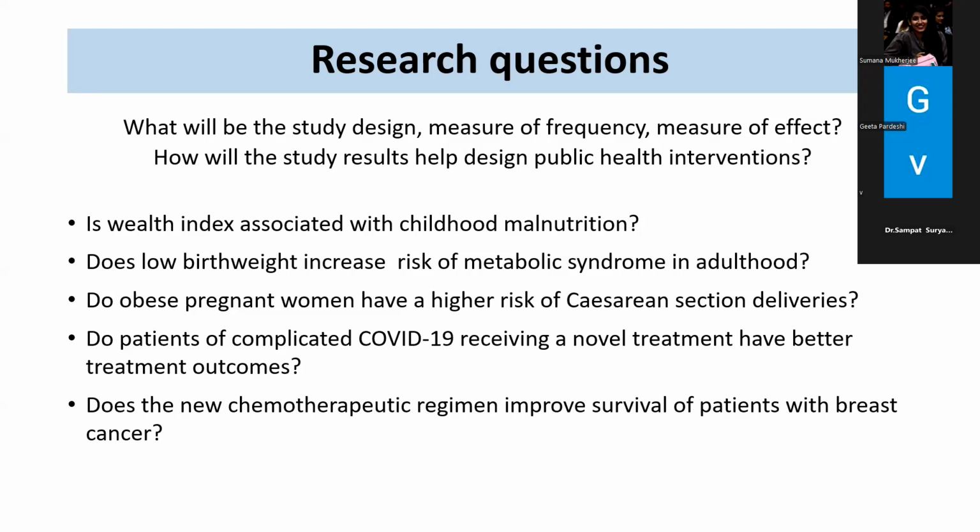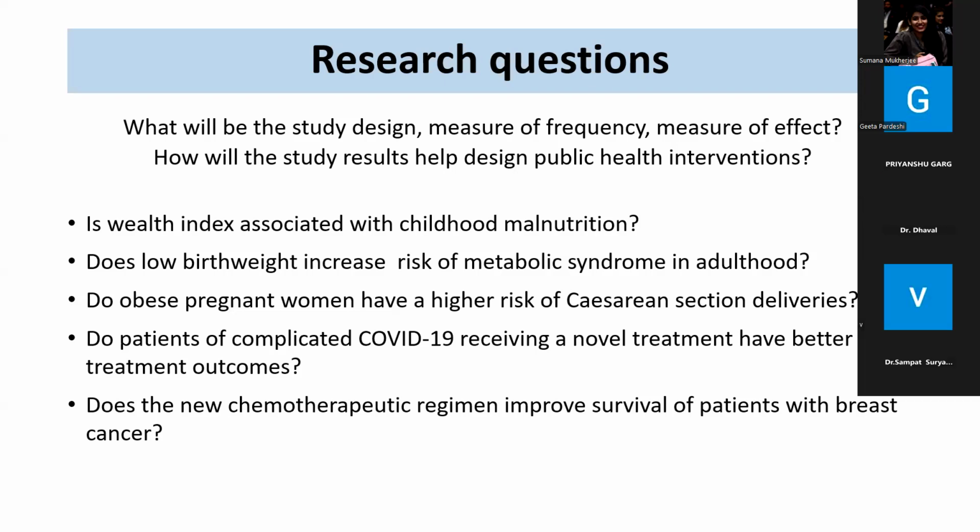Somebody mentioned randomized control trial, very much true, because we are looking at the intervention, a novel treatment among COVID-19 patients. So we would like to randomize these patients into two groups, one receiving the standard treatment, one receiving the novel treatment, and of course then follow them up for outcomes, for favorable and unfavorable outcome. So for this question, an intervention study is a must.